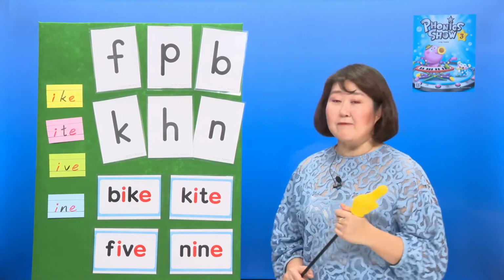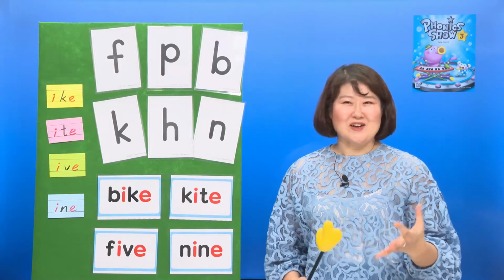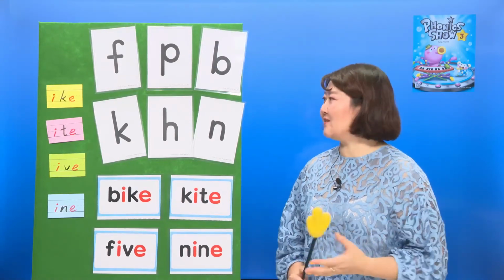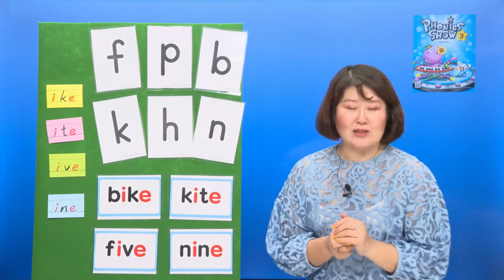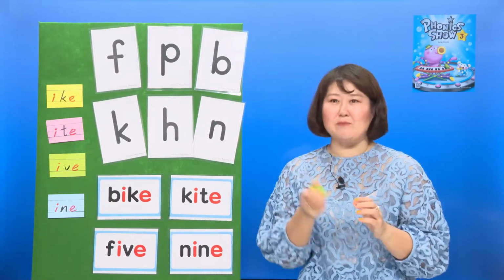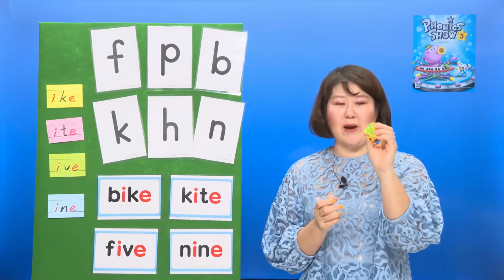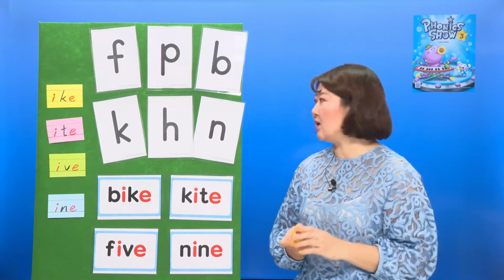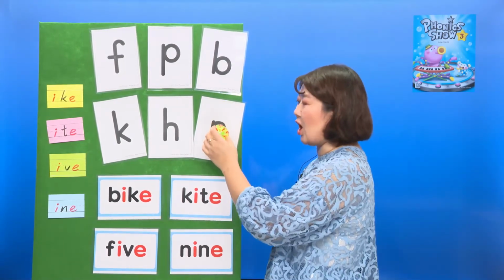So first, if you don't want to make a mess with your class, then invite your students and play with this sticky ball, as I mentioned before. If you have a whiteboard, it's very good material to play with. So they can throw a ball directly at this consonant.